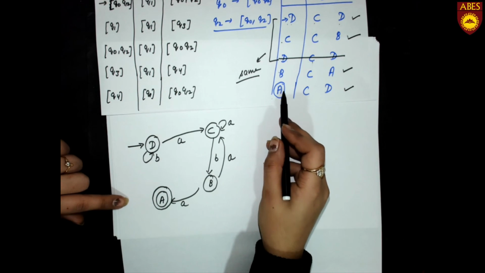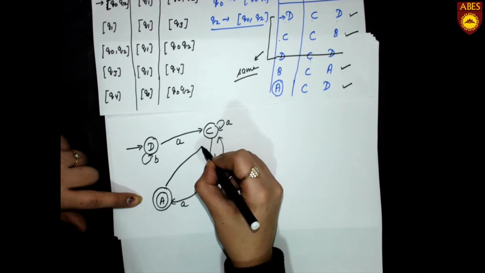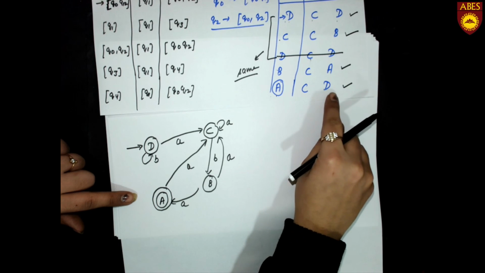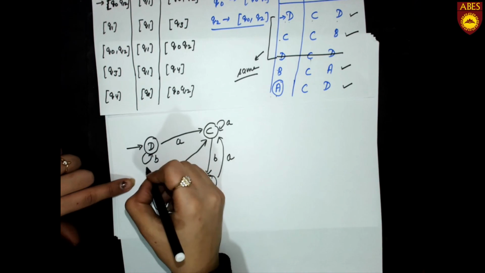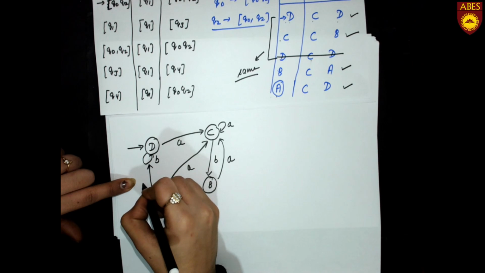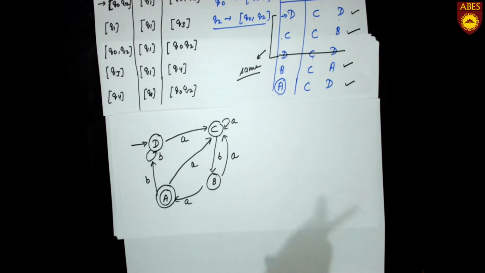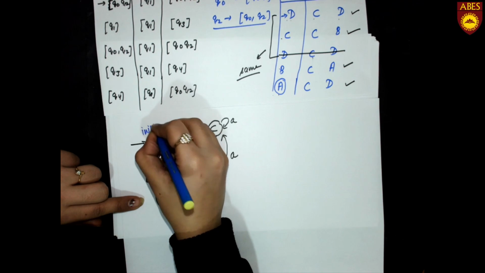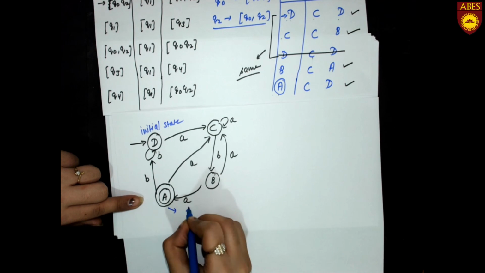When we apply input A to state A, output state is C. When we apply input B to state A, then output is D. So this is our initial state. This is our final state.